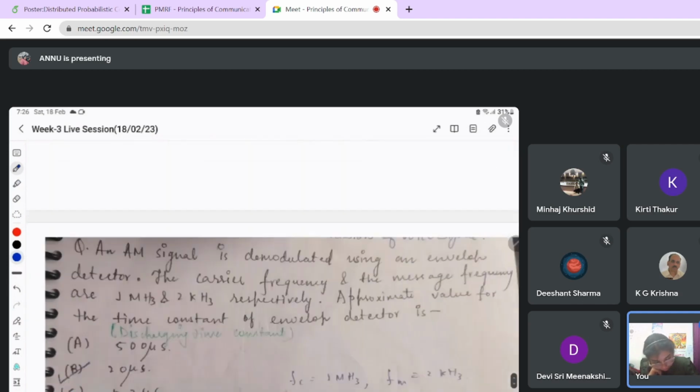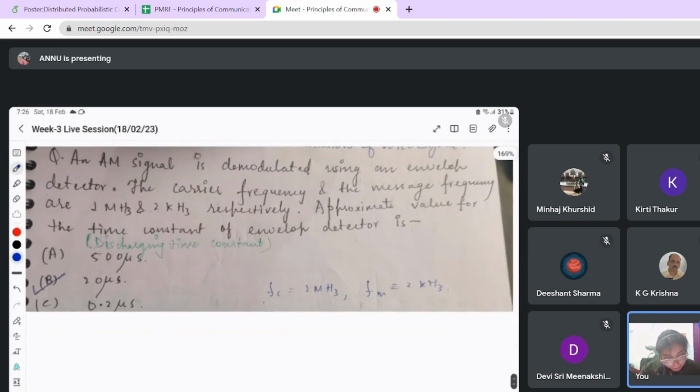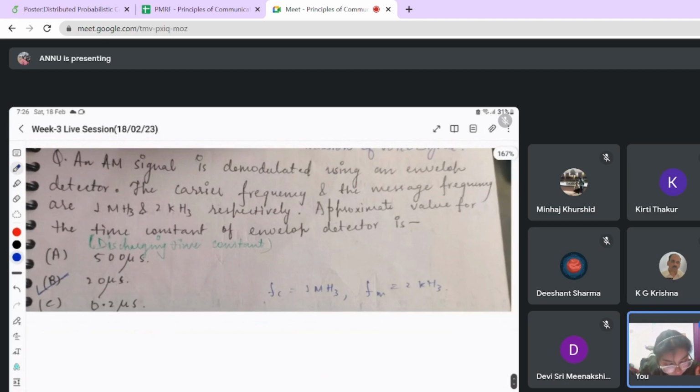Moving towards this question, please solve. An AM signal is demodulated using an envelope detector. The carrier frequency and message frequency are 1 megahertz and 2 kilohertz respectively. The approximate value for the time constant of the envelope detector is?